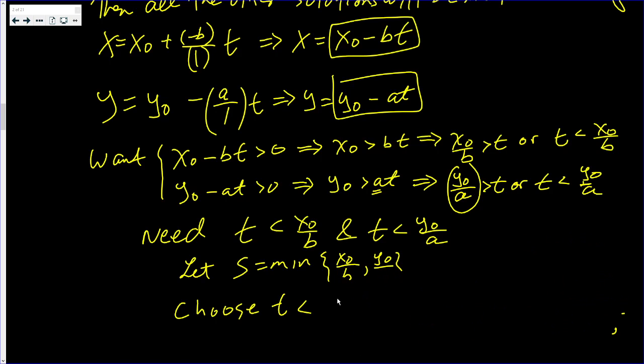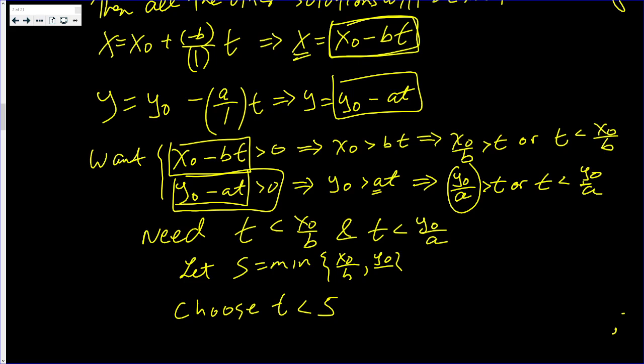So you choose t to be less than s, and you're guaranteed that x, which is x0 minus bt, will be positive, and y, which is y0 minus at, will be positive.